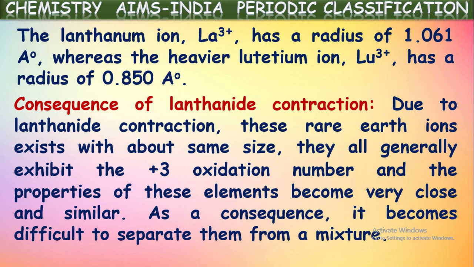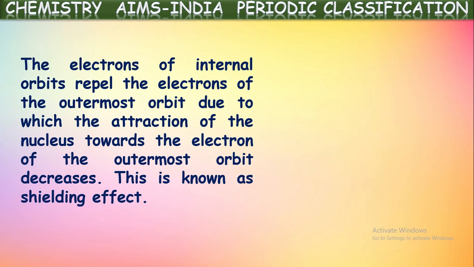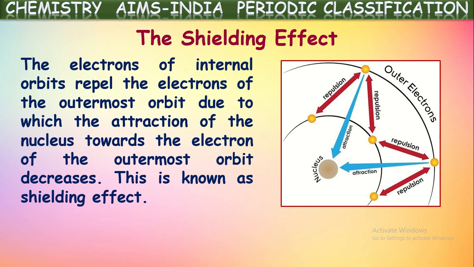Okay. Now let us see what this shielding effect is. We told that the lanthanoids' size decreases from lanthanum to lutetium because of poor shielding effect. What does this shielding effect mean? The electrons of internal orbits repel the electrons of the outermost orbit, due to which the attraction of the nucleus towards the electrons of the outermost orbit decreases.